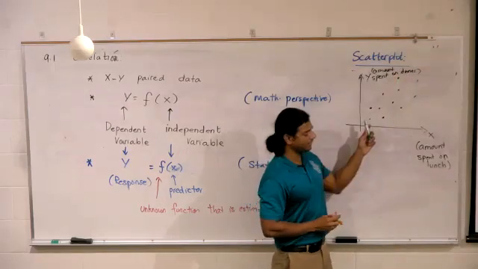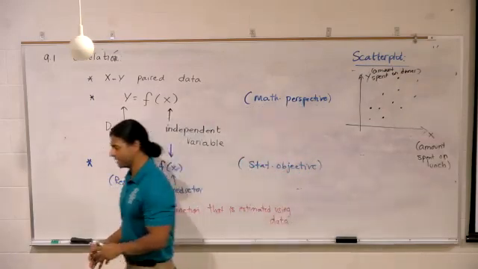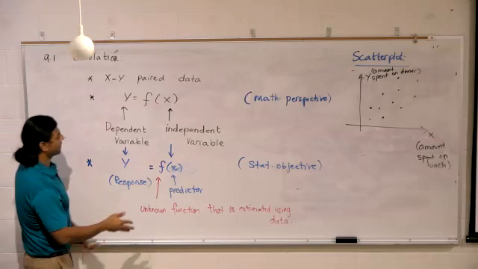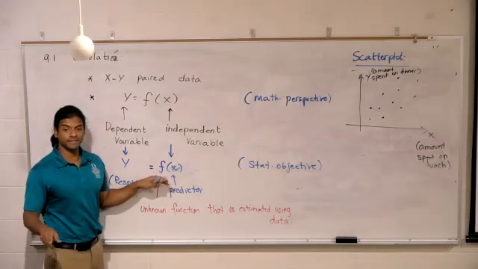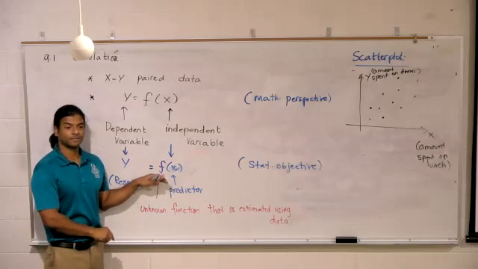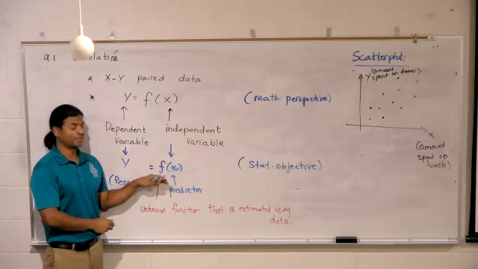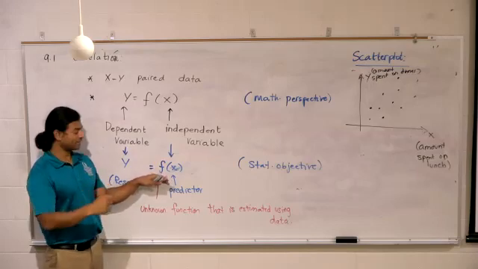So when I look at data of this sort, it immediately tells me that I have to use a linear function. In other words, the unknown function is defined by the equation of a line: y equals mx plus b.